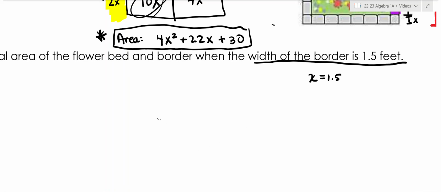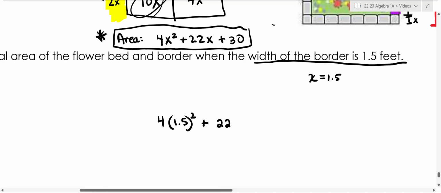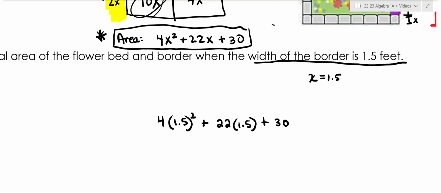Okay, so it's going to be 4x squared, so 1.5 in parentheses squared, plus 22 times the value of x, right here, and then plus 30. Okay, let me get the calculator. All right, I get 72, and so it's going to be feet squared, right? Because the length is in feet.